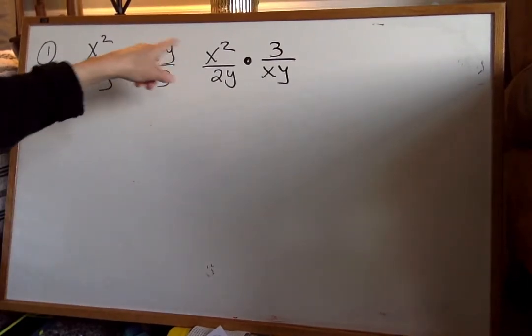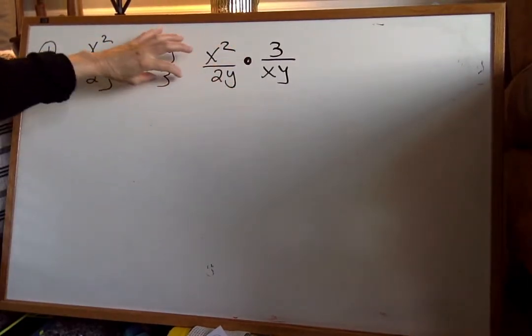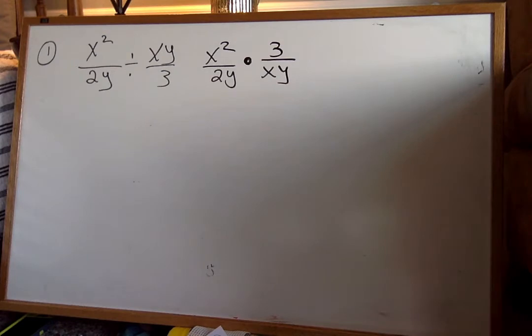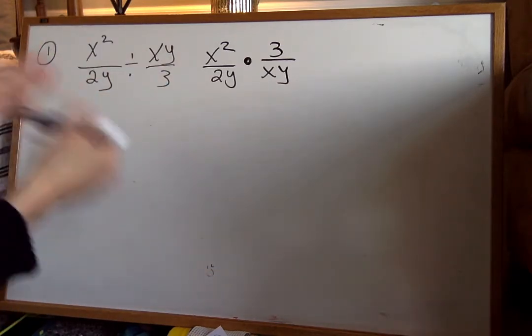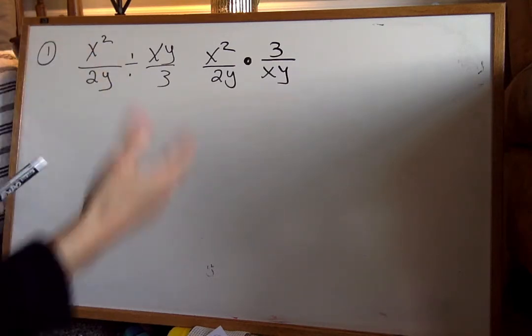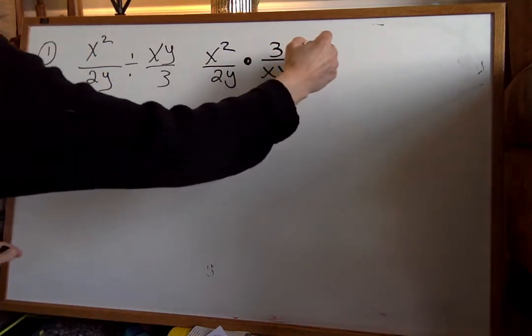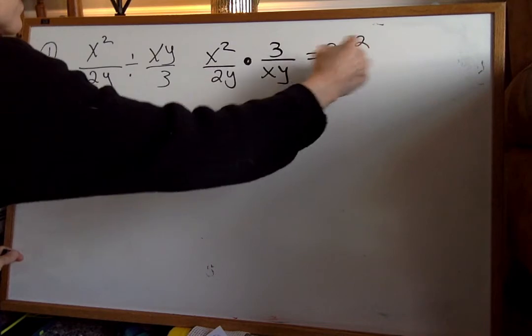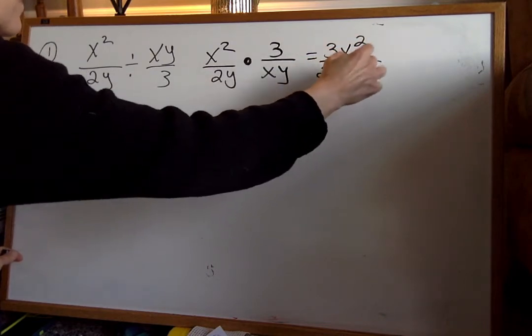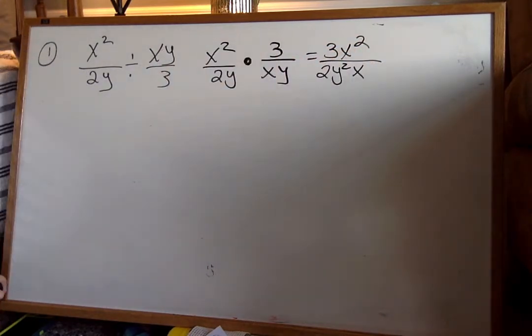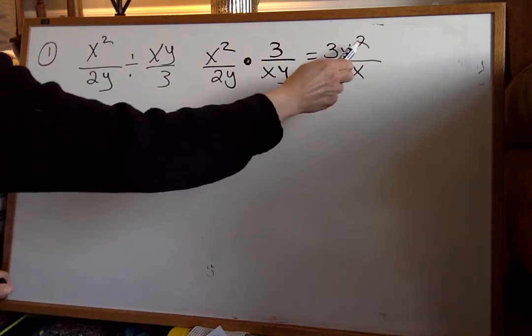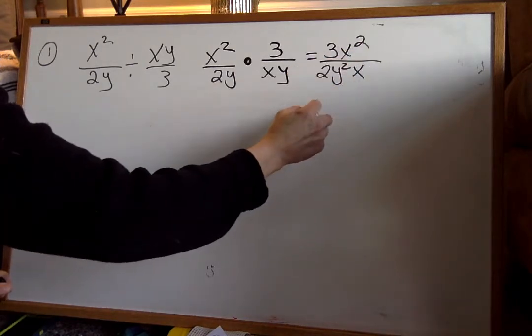Okay, so this is x squared over 2y times, I just flipped it, 3 over xy. Again, it's algebra. We're just simplifying this. There are so many ways and steps you could do first if you wanted to put it all together. Of course, y times y is y squared. Well, there's 2 x's on top and 1 on the bottom.